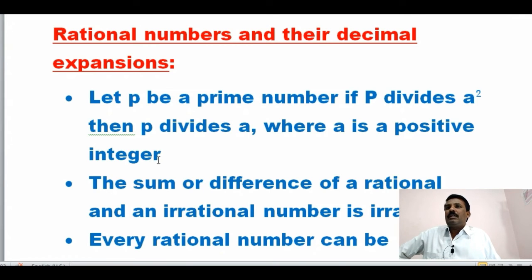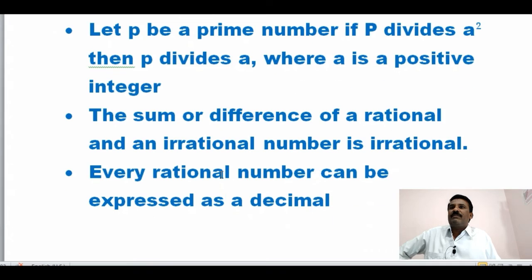That means if P divides A square, then P also divides A. And the sum or difference of a rational and an irrational number is irrational.